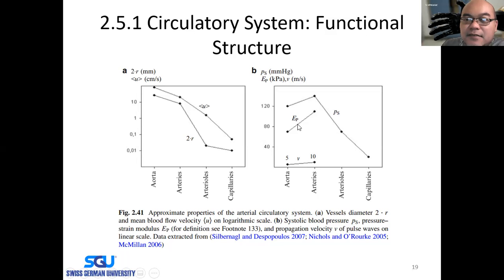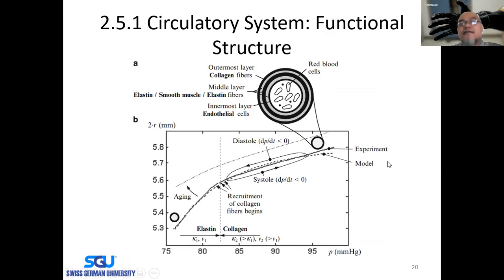This is in meters per second, this is in kilopascal, this is in millimeters of mercury. This one is the diameter of the vessels at the aorta, arteries, arterioles, and capillaries, and this is the corresponding blood flow velocity in centimeters per second. In the circulatory system, the outermost layer of the blood vessel usually consists of collagen fiber.